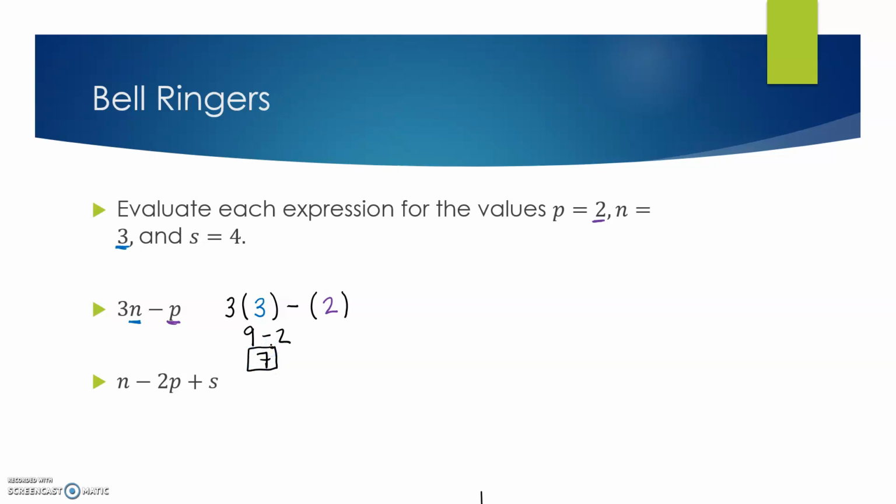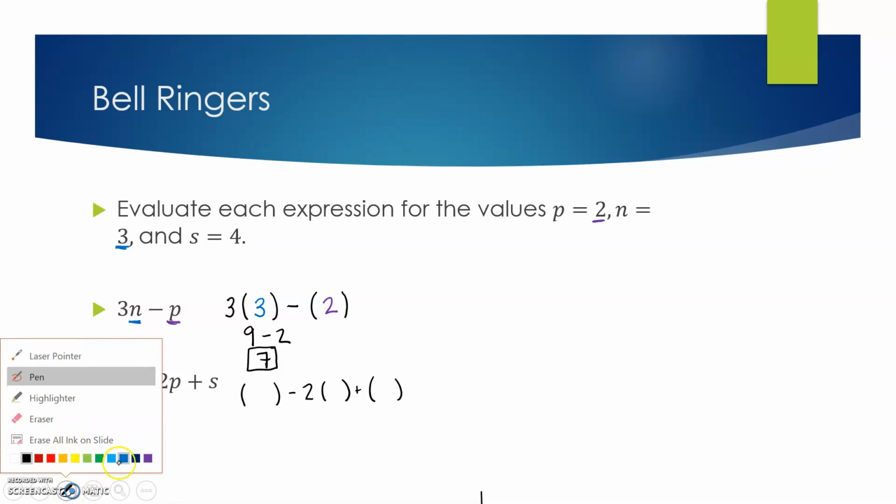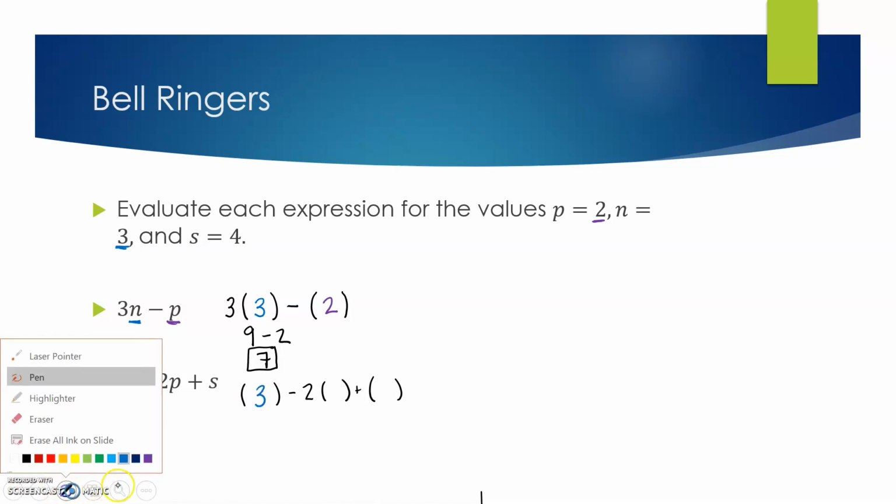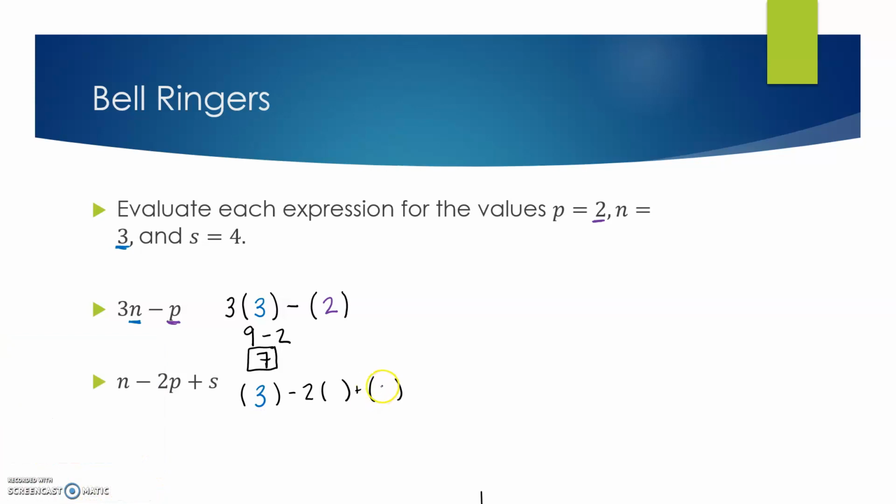So for this one, I'd be taking out n, I'd be taking out p, and I'd be taking out s. So substituting in what I know, n was 3, p was 2, and then s, to make that be orange, s is 4.